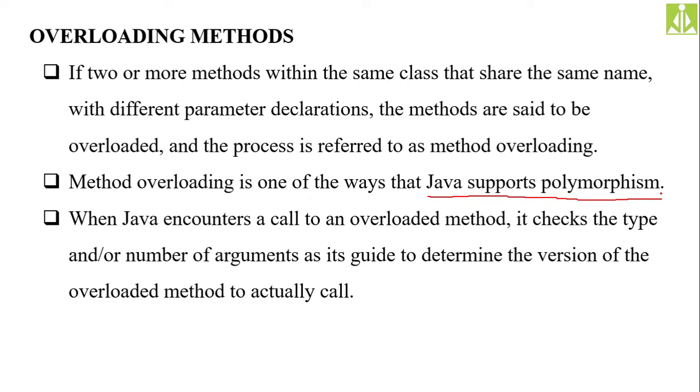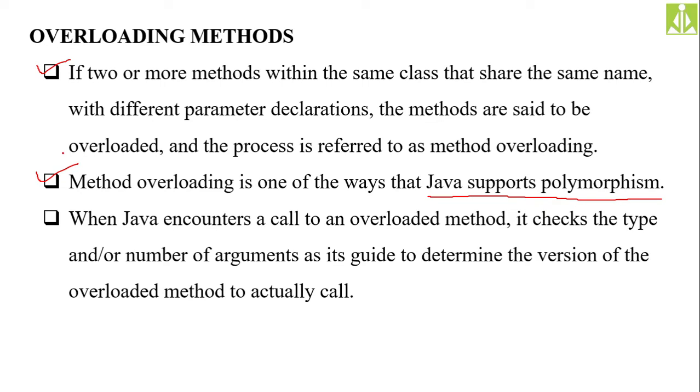This is the concept of method overloading, and we call such methods overloaded methods. Using method overloading, Java supports polymorphism, or we can say, in order to exhibit the polymorphism concept, Java uses method overloading.